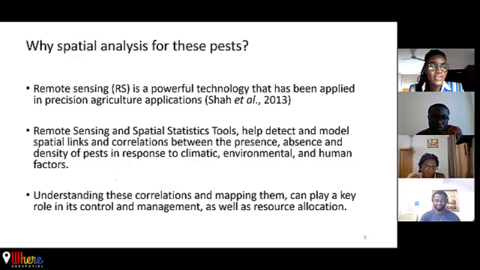Over the years, a lot of researchers have reported the use of remote sensing data in entomological research, at a distance and without even destroying the plants, and being able to respond to whatever damage they are causing.